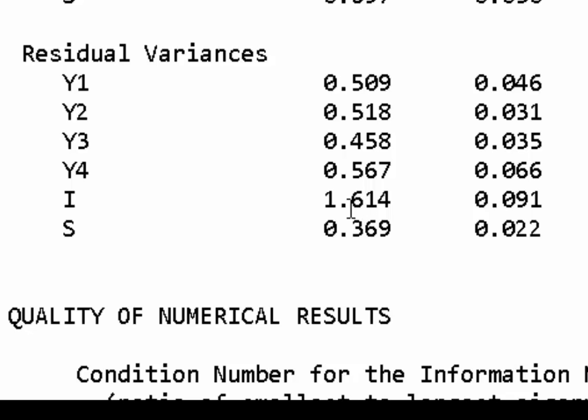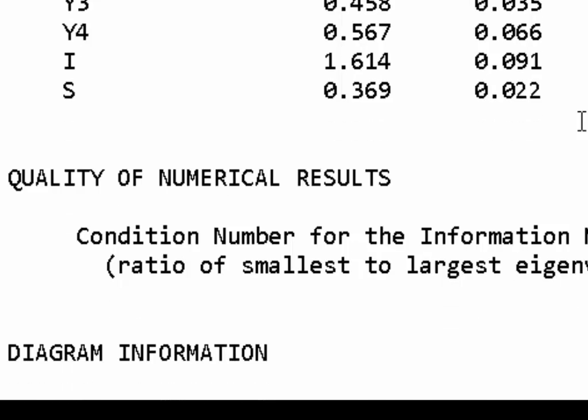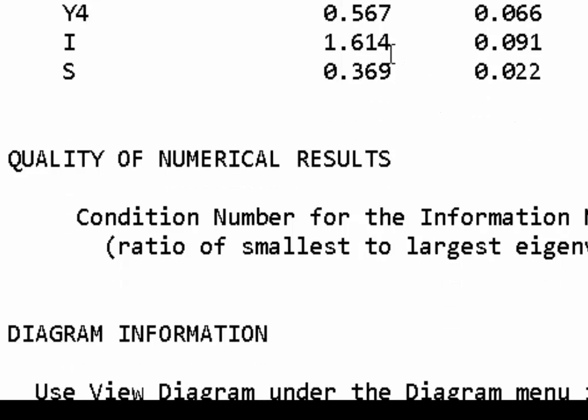And we have residual variances for I and S. Last time when we looked at output, these weren't residual variances, they were variances. They're residual variances now because now they're dependent on X and G. But there's still an estimate of the variance in starting level and pace of change over time that's left over after accounting for the effects of X and G.